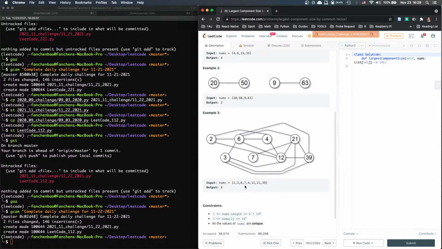These two GCD will be 2, so they were unioned. So we union these two. Union, right? So it will be O(n squared log n).